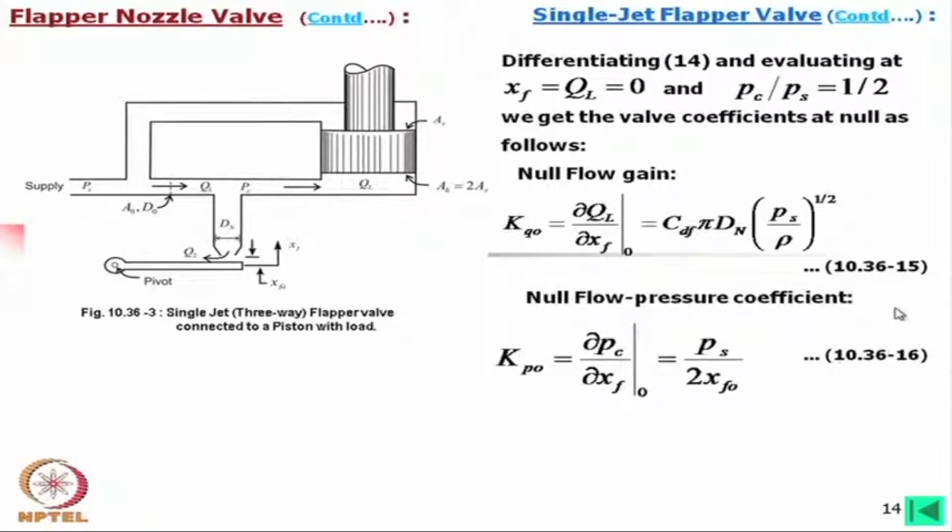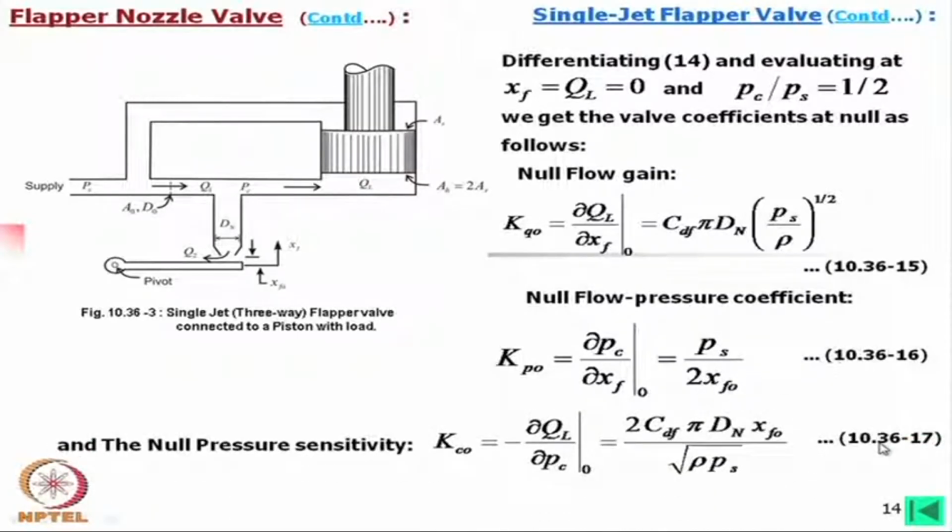And the null flow pressure coefficient is expressed by this, as well as the pressure sensitivity by these equations. Now, it is important to know the null coefficients for each and every valve, for 3-way and 4-way. So, null coefficients are important to understand how good the valve is in performance.